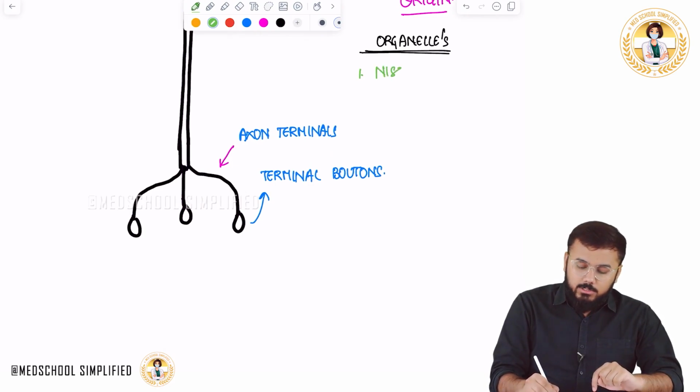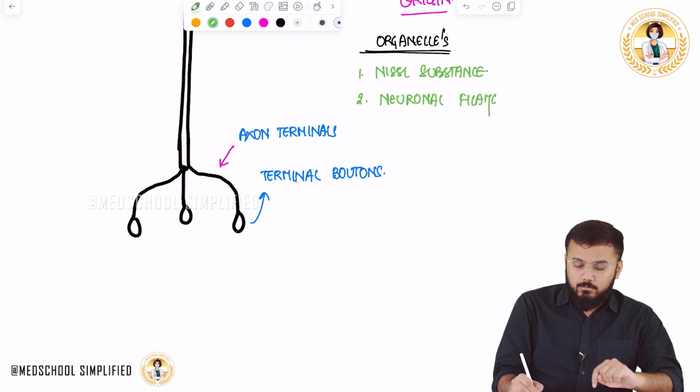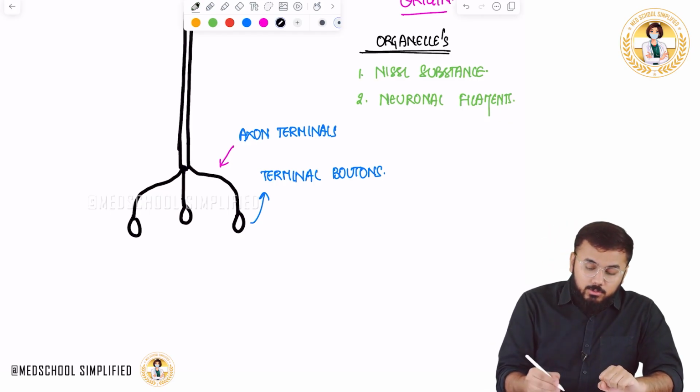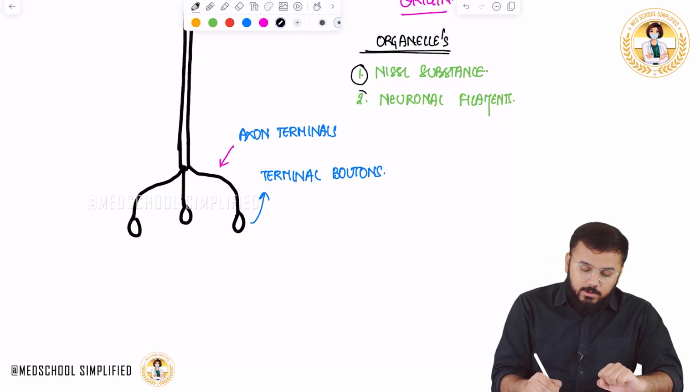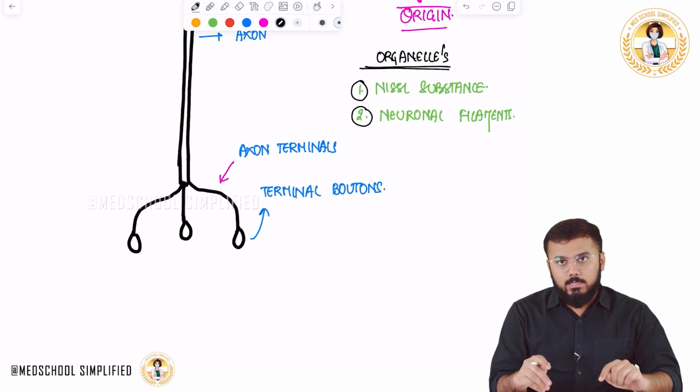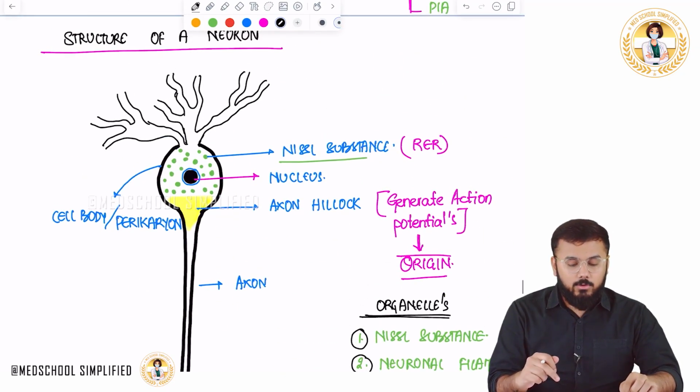The second important thing is neuronal filaments. I cannot draw them here, but there are some structures called neuronal filaments. These two, the Nissl substance and the neuronal filaments, are considered organelles within this cell body.